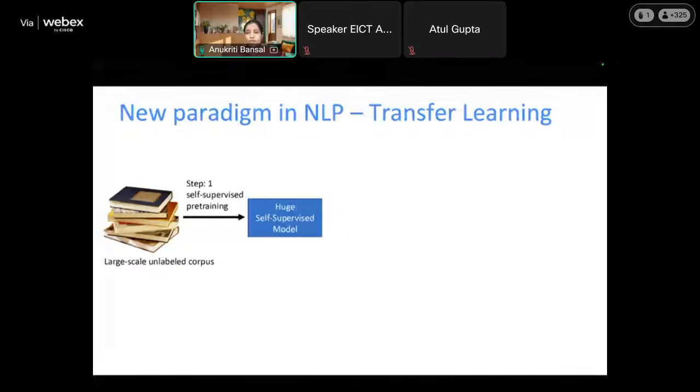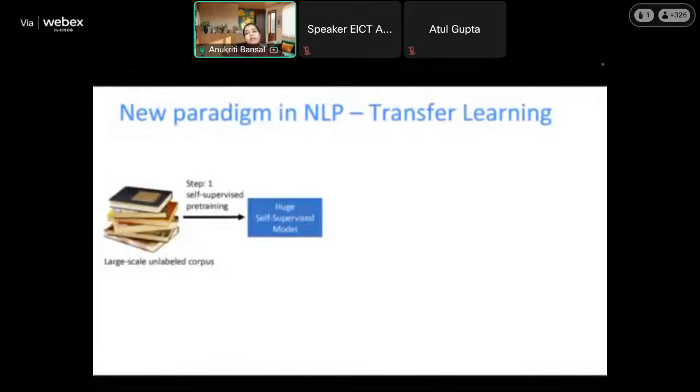She is not that educated. She doesn't know what a sentiment analysis task is. She has not been trained for a sentiment analysis task, but she will be able to understand whether I'm happy about the movie or not. I like the movie or I don't like the movie.